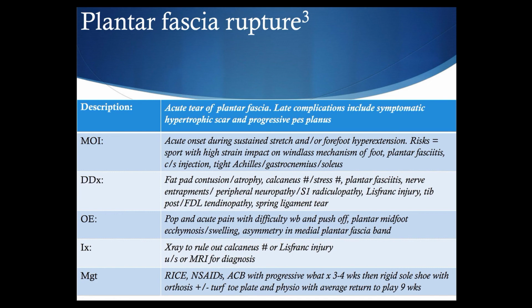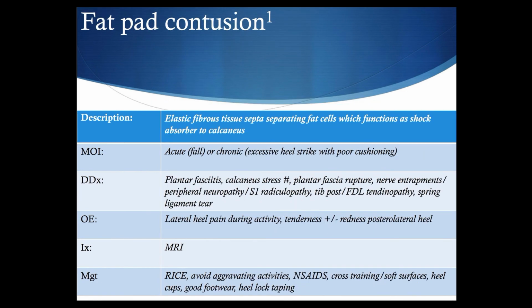Often pop and acute pain are felt, difficulty weight bearing and push off, with associated swelling and possibly ecchymosis. And in conservative therapies, in a period of immobilization in an air cast with progressive weight bearing as tolerated over 3 to 4 weeks, and then further support with a rigid soled shoe with orthosis or a turf toe plate and progressive physio, and these individuals tend to have an average return to play of approximately 9 weeks.